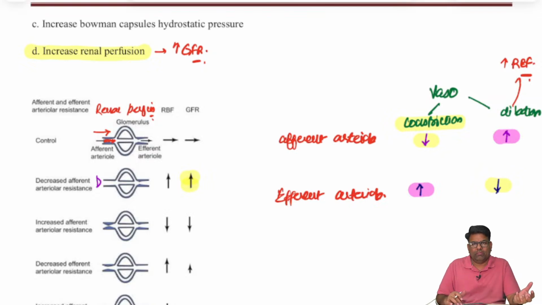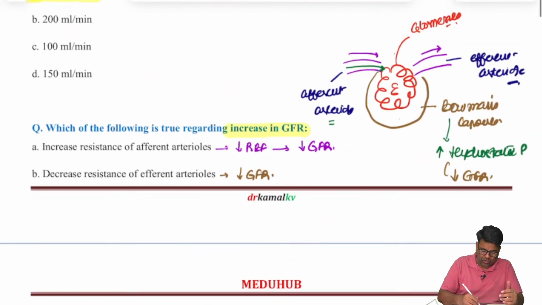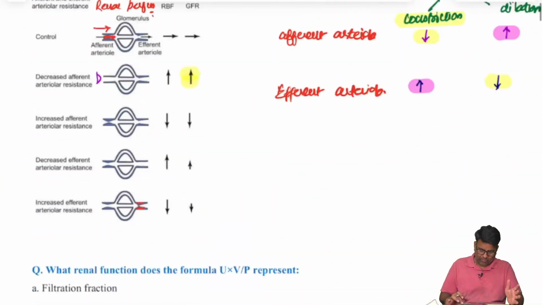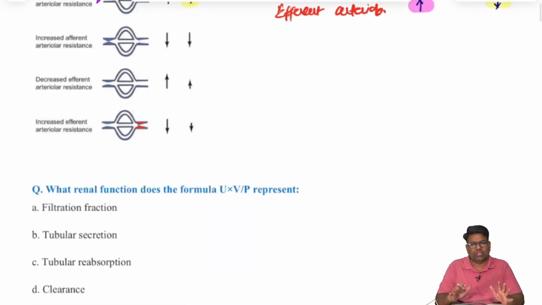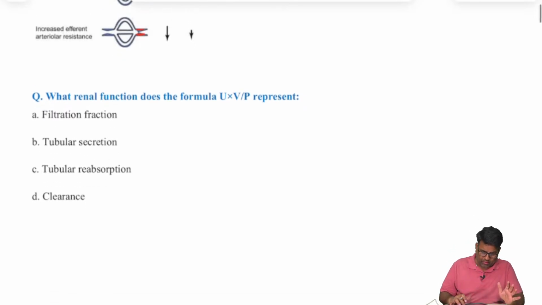Vasoconstriction in one promotes GFR, whereas vasoconstriction in another decreases GFR, right? So it depends in which vessel you are talking, whether it is the afferent arteriole or you are discussing the efferent arteriole. Okay? So please remember this, a very basic concept, and if you get to know the concept, you will never mark it wrong, right?